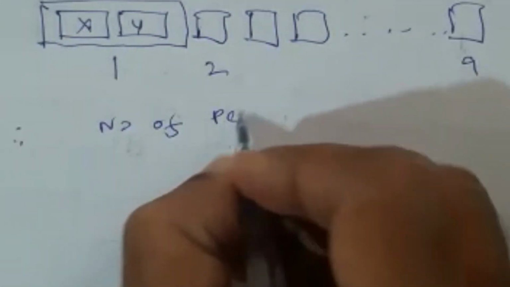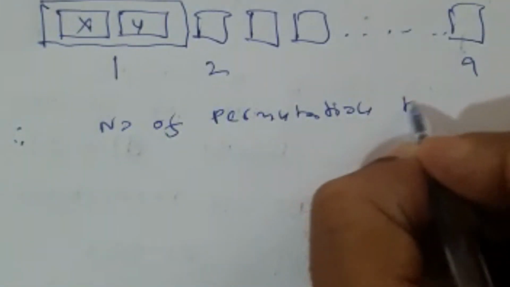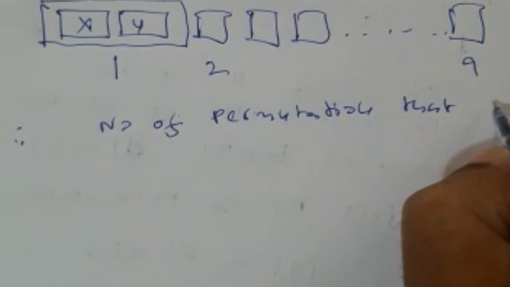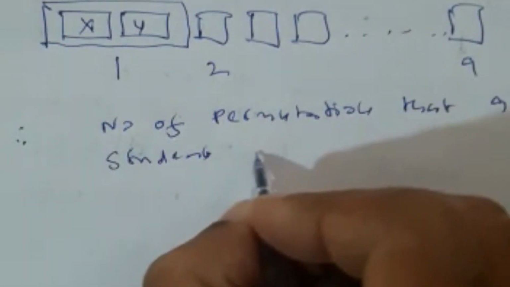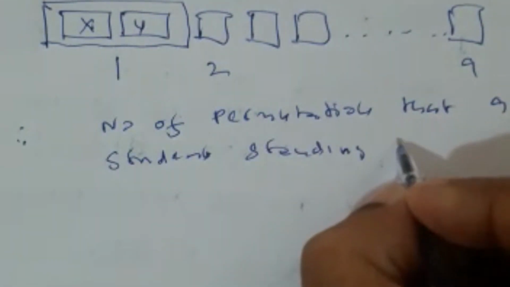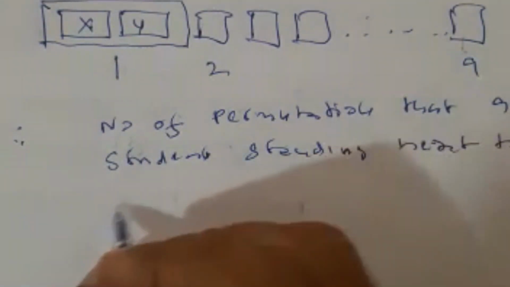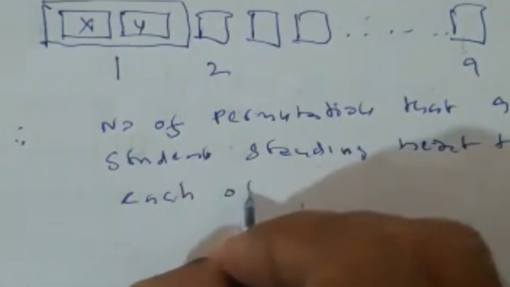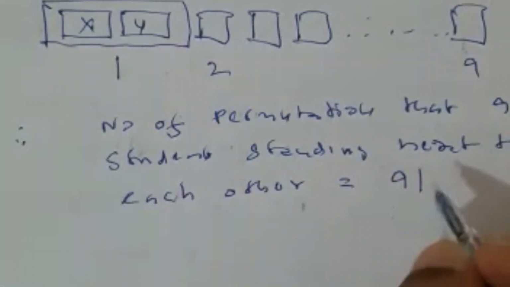Therefore, the number of permutations of the 9 students standing next to each other is going to be 9 factorial.